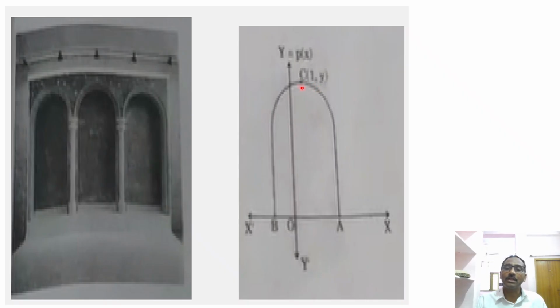If x equal to 1, at x equal to 1 you are getting y. That y they have not given, we have to find. That means you are getting this value, the height, right? For x equal to 1 you are getting the height.